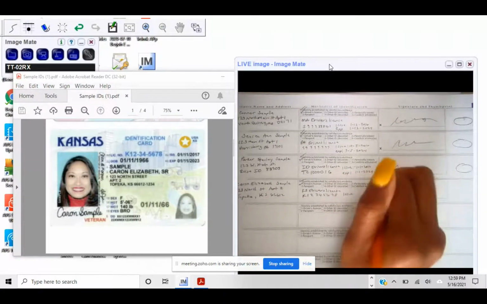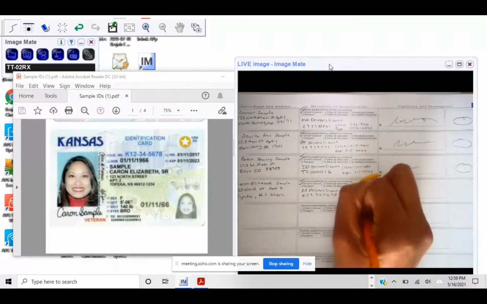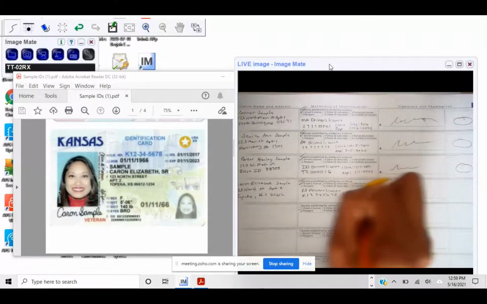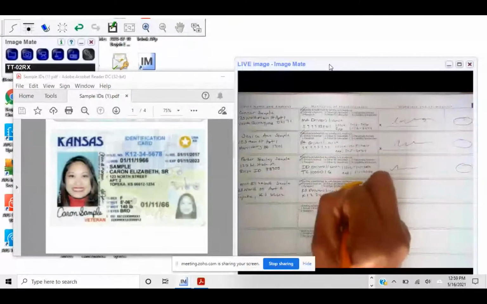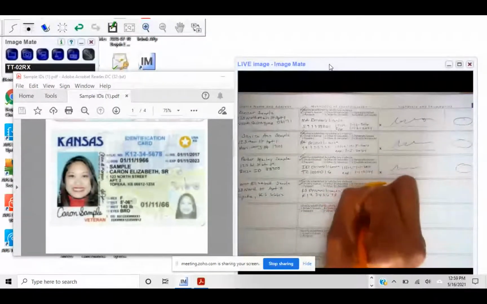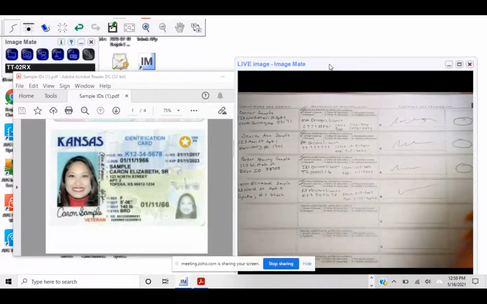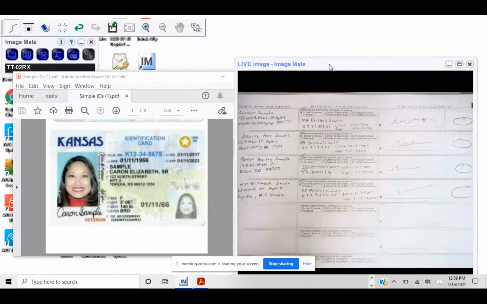Issue date, and expiration is. Okay, we got one more person.